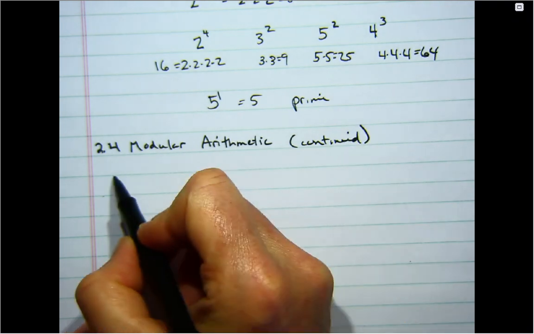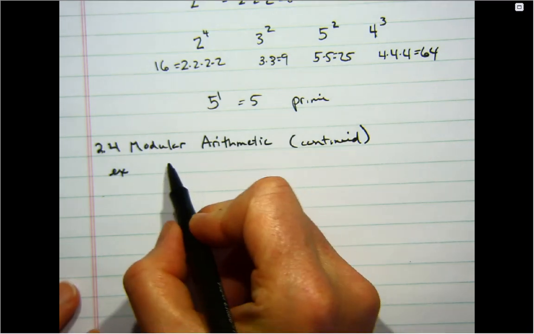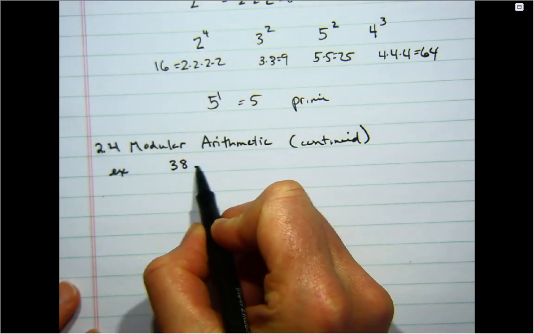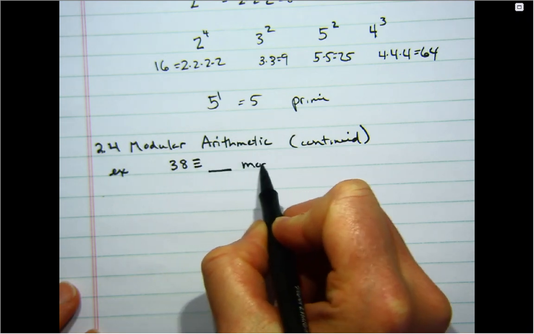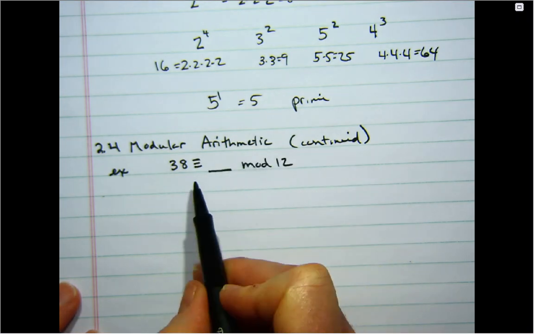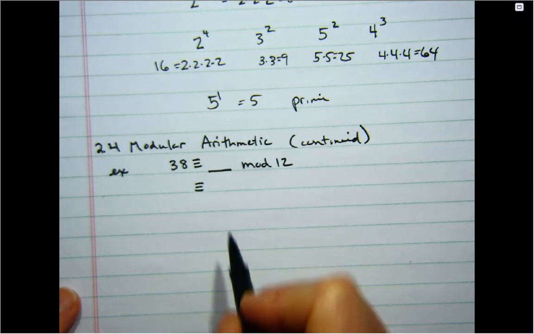For example, I had you take a regular old clock and see what time it would be 38 hours later. What we were doing was arithmetic mod 12. We were taking the 38 hours and writing what it was equivalent to mod 12. This little symbol with the three bars is read "equivalent to."